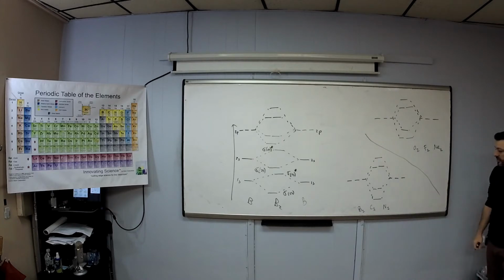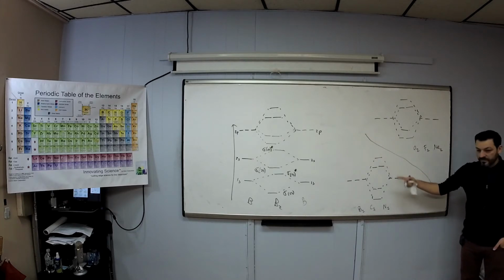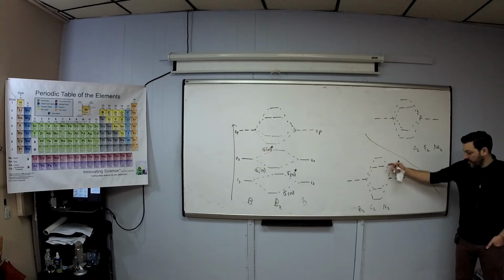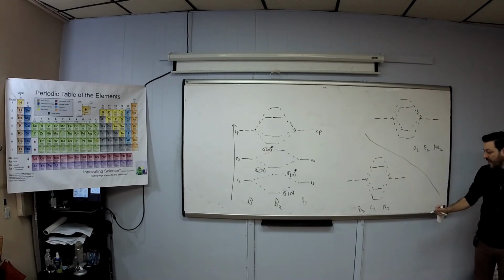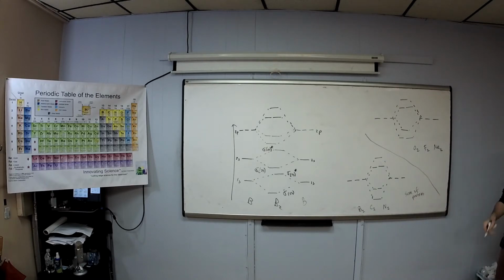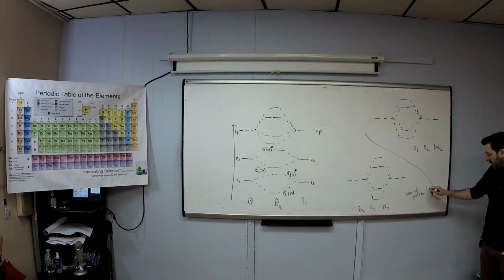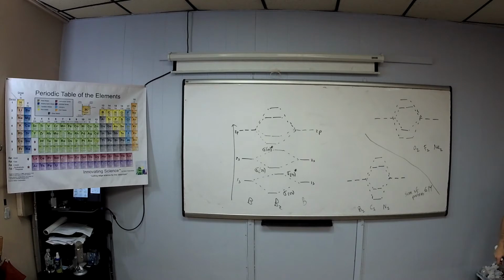And we could say that this kind of orbital distribution is for a sum of protons between the two atoms, a sum of those protons equal or less than 14.